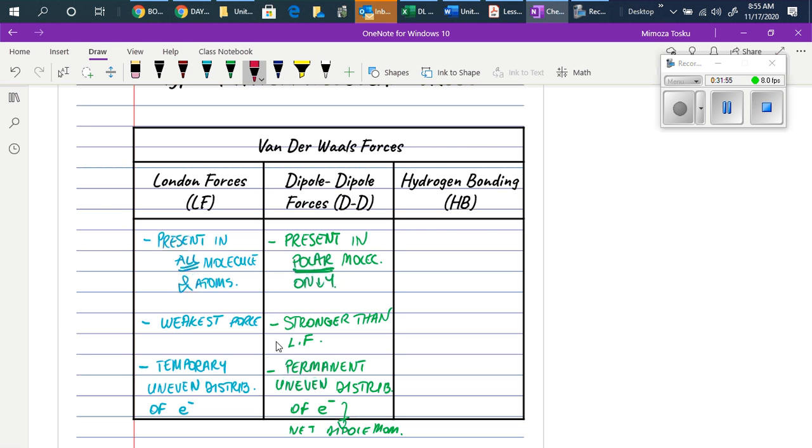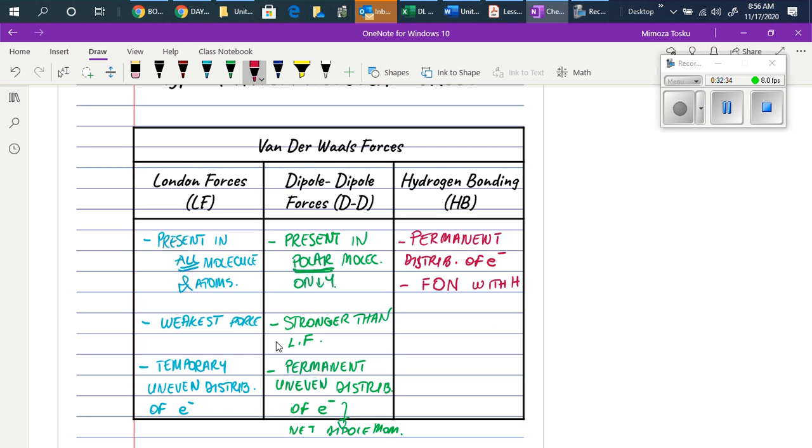It's known as HB. It is a result of the permanent distribution of electrons, and it is the bond created between fluorine, oxygen, and nitrogen with hydrogen.